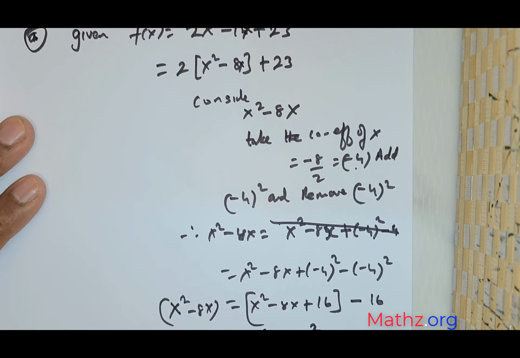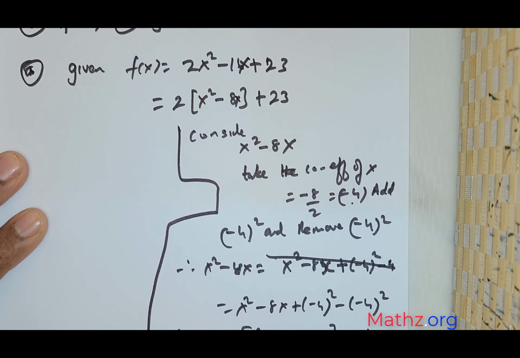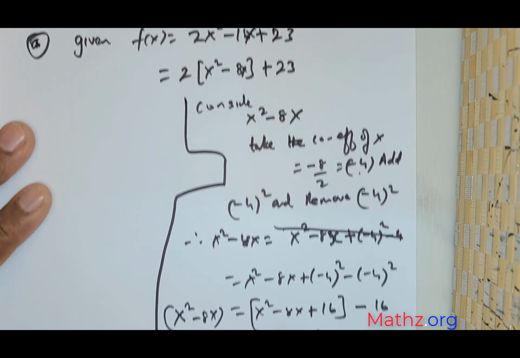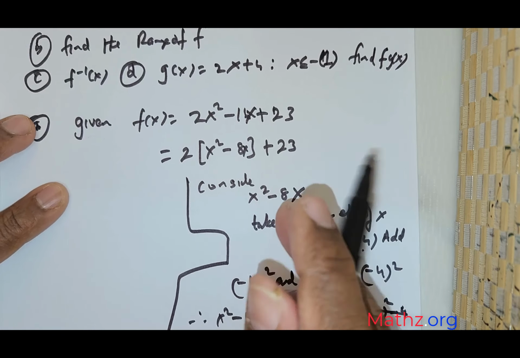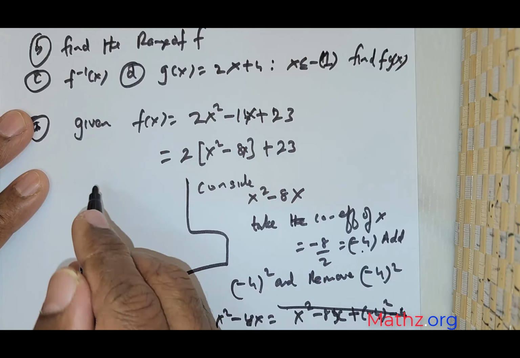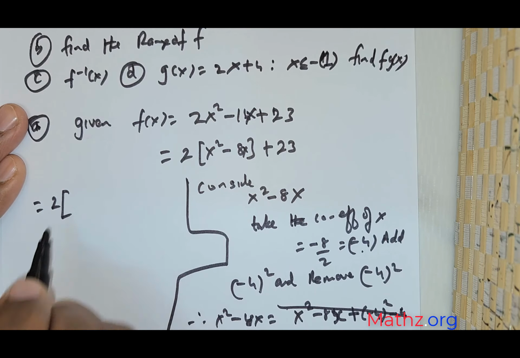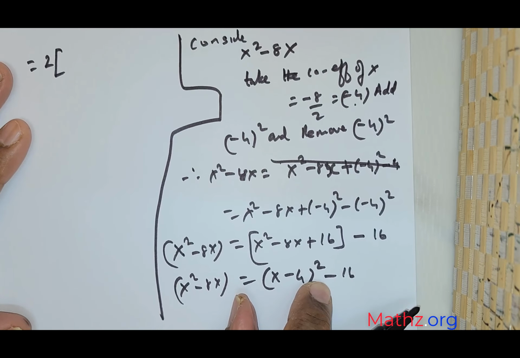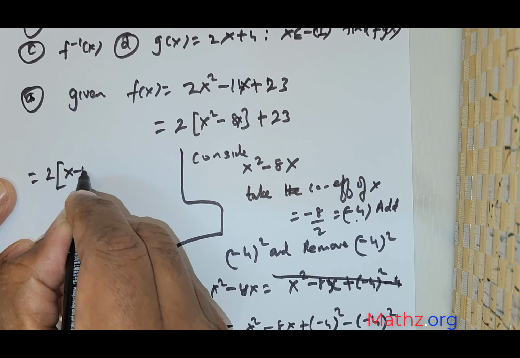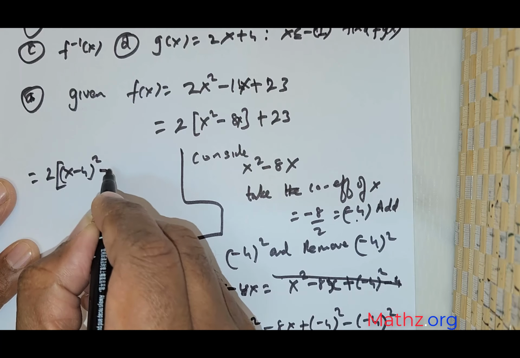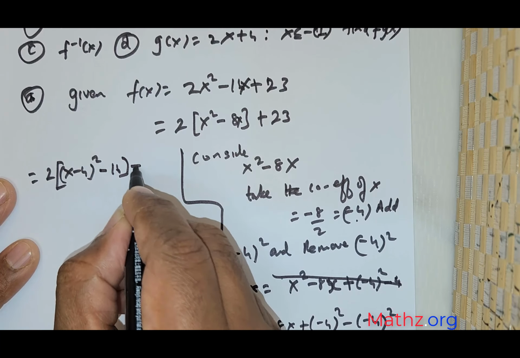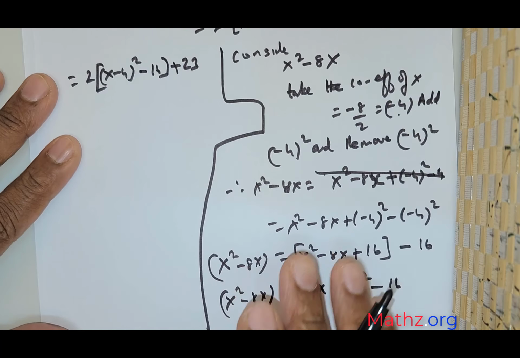Okay, now I did all of this just to show you how the perfect square component works. So take that and you place it over here. So this is equal to 2 times (x negative 4 the whole squared followed by negative 16) positive 23.